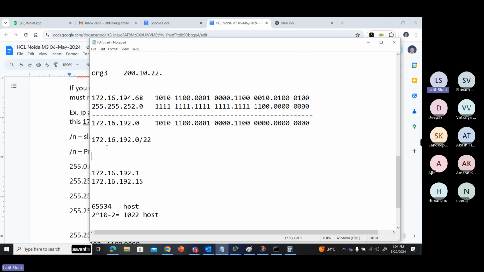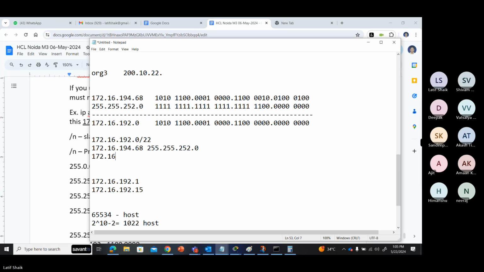Or if someone asks what is your IP address, I can tell 68 and the subnet mask is 255.255.252.0, or I can mention it like this, /22 also. Both are correct. This one I'm telling with the subnet mask, and this one I'm telling with a slash notation.